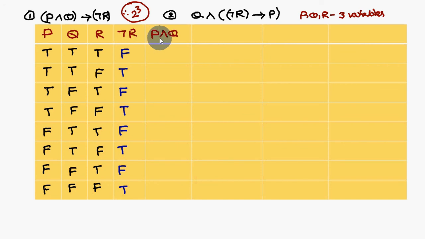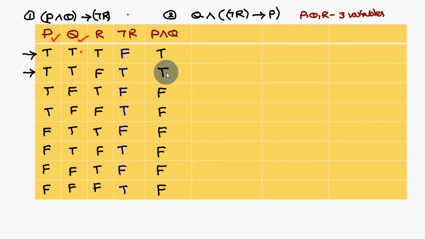P and Q: the and symbol, as we have already discussed, means both should be true. Here it is true. Here it fails, here fails, here fails, here fails, here fails, here fails. Therefore both are true in two cases, so these two are true, remaining all are false.